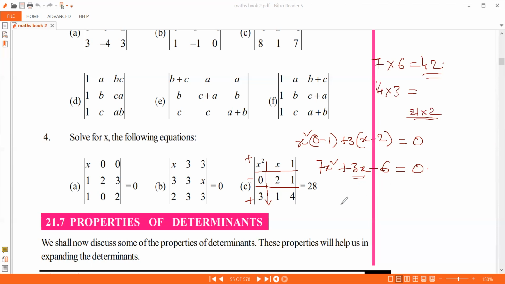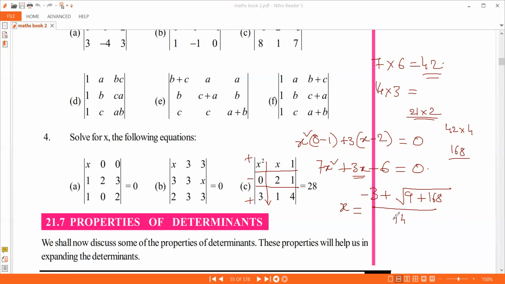You have to solve by using the quadratic formula: minus b plus square root of b square, b square is 9, plus 4ac, that is 4 into 42, that is 168. 168 is what you're going to get. So 168 whole divided by 2a, that is 14.